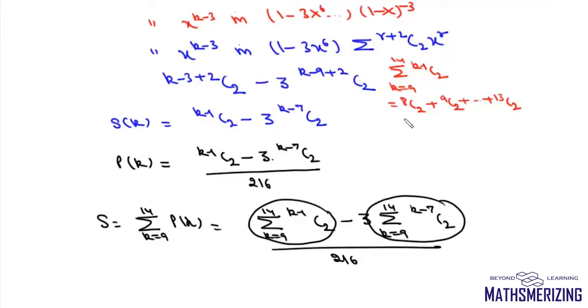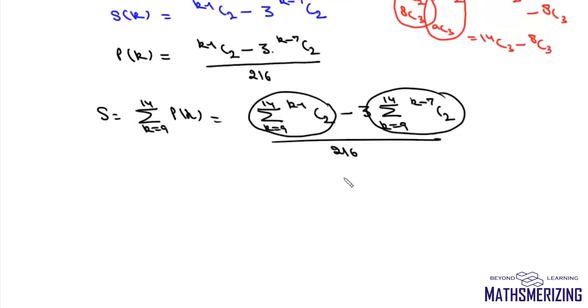Now what we'll do is we'll add 8 C3 and subtract 8 C3. Since r differs by 1, it'll be 9 C3, again 9 C2 plus 9 C3 will be 10 C3, and finally it'll be 13 C2 plus 13 C3, and that'll be 14 C3. So this value will be 14 C3 minus 8 C3.